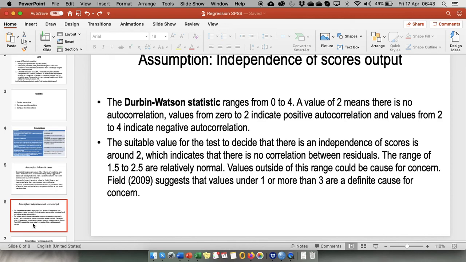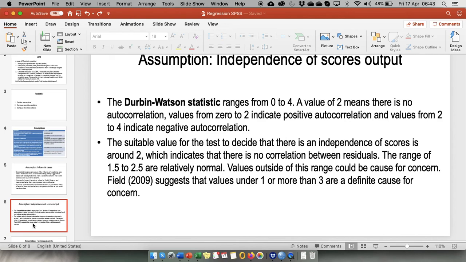The values from 0 to 2 indicate positive autocorrelation, and values from 2 to 4 indicate negative autocorrelation. What you're looking for is the range of your values to be between 1.5 and 2.5.